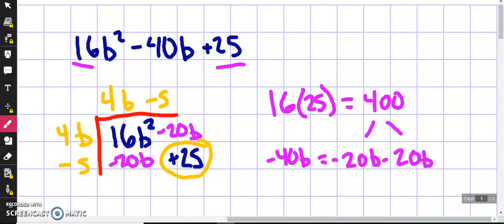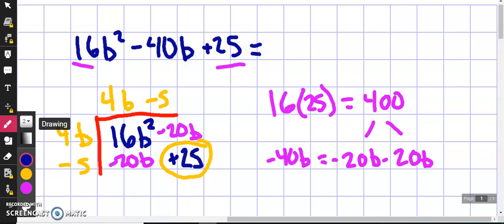So when I go to write my answer, I notice that the numbers on the side and the numbers on the top are the same.